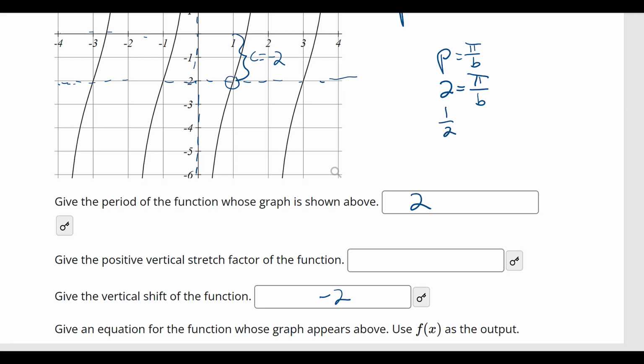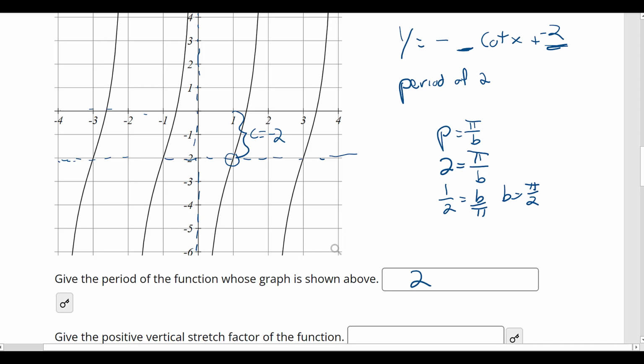So 1 over 2 equals b over pi. So b equals pi over 2. And that's, let me come up here. That would change this part here. We're going to have a pi over 2x.